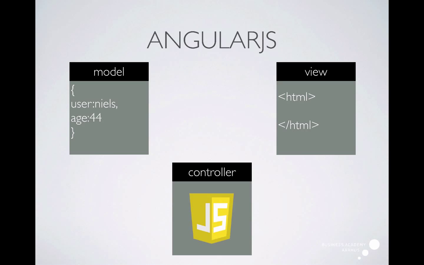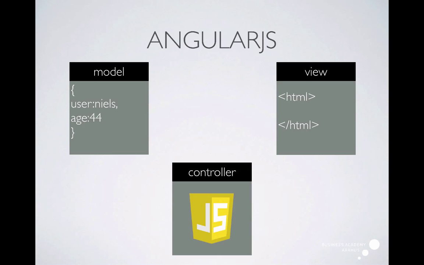When we look at front-end MVC frameworks, it could be something like Angular from Google. Then we have the view, which is the HTML. It's like a template in the HTML where we can use the Angular tags to fill in the data and some functionality as well. And then in the model, in this case, we have some JSON.